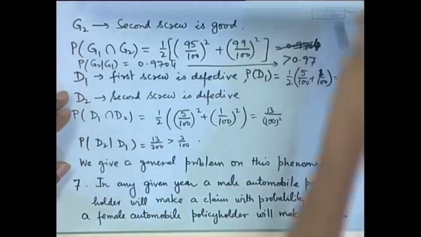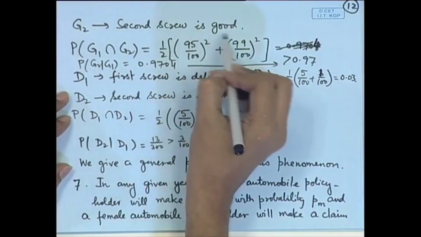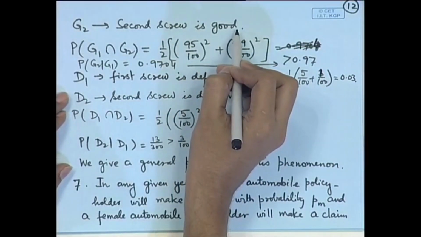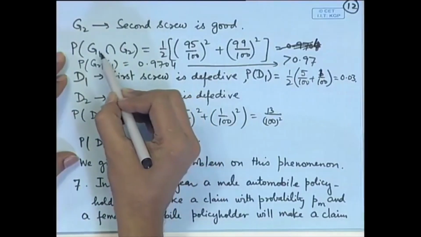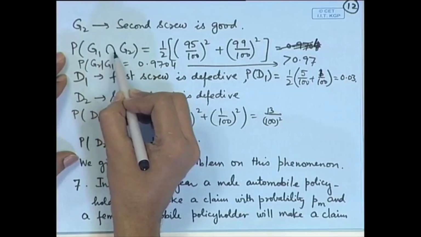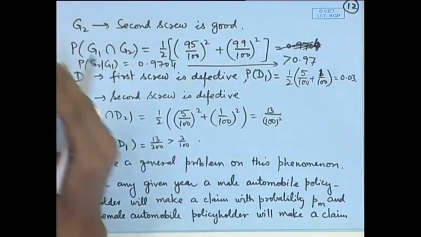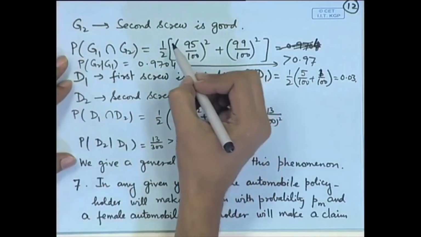Now, we look at the event that the second screw is also good, that is, the screws are inspected one after another. The first screw has been found to be good, what is the probability that the second is also good? So, we look at the event G1 intersection G2. First screw is good and second screw is good.